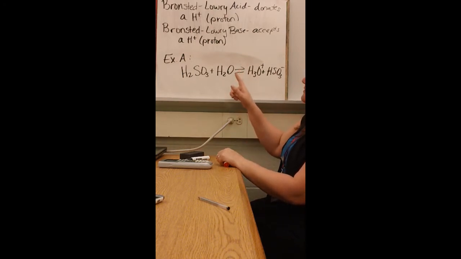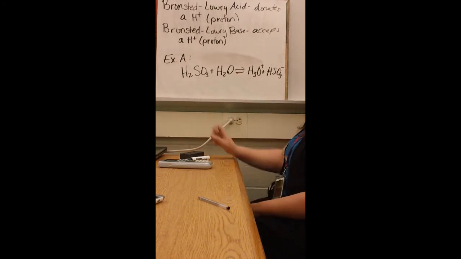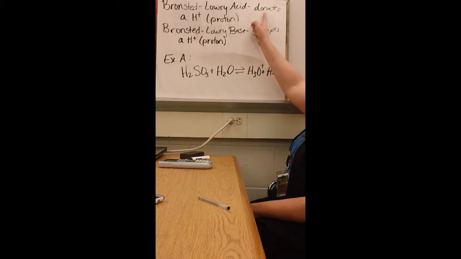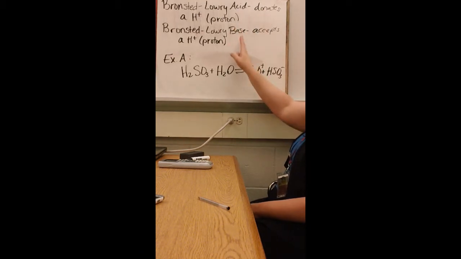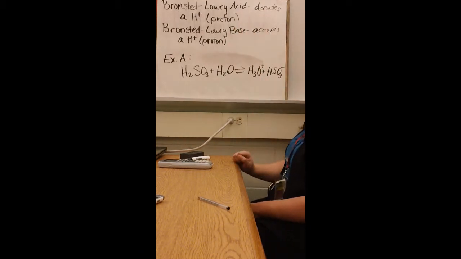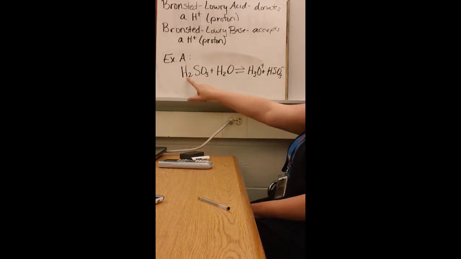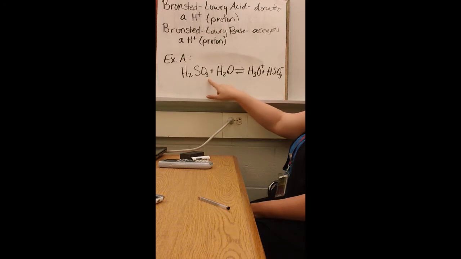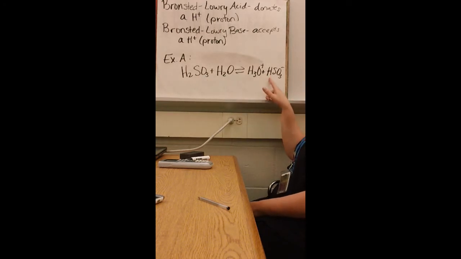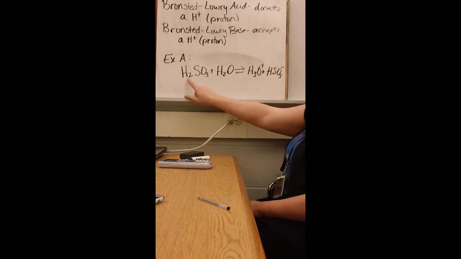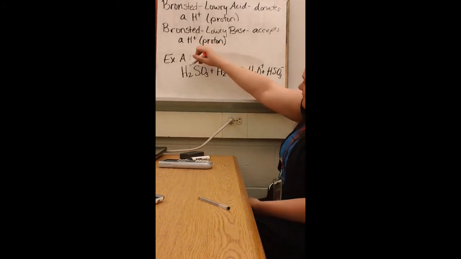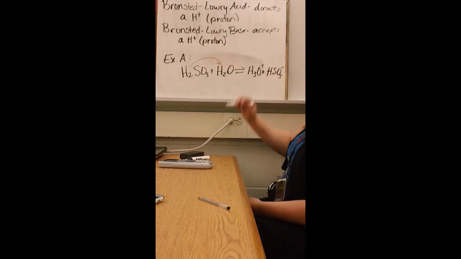So according to Bronsted-Lowry, in this example here, we need to determine what donated a hydrogen, and that's the acid, and what accepted a hydrogen, that would be the base. So if we look here and we follow what happens to the hydrogens, here you have H2SO3, over here you have only HSO3-. So H2SO3 gave a hydrogen ion to the water.